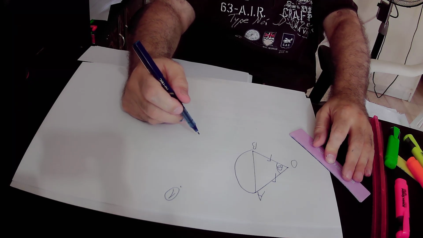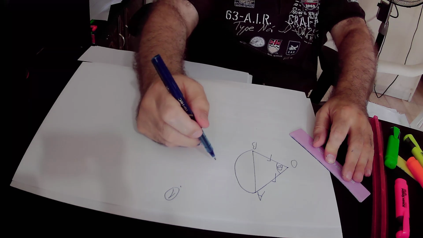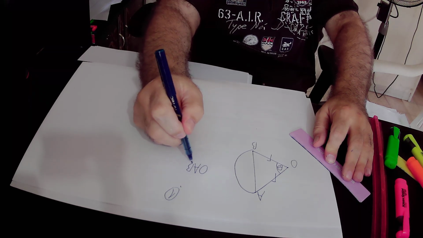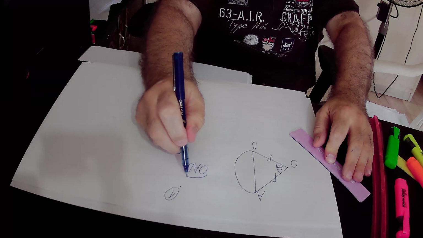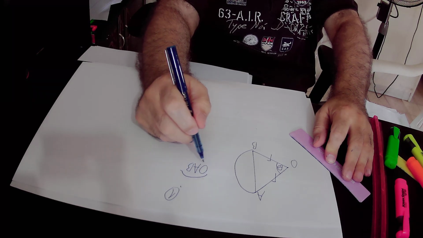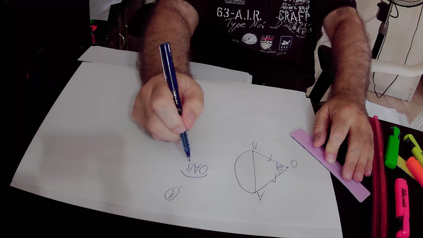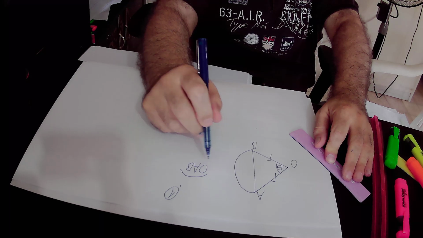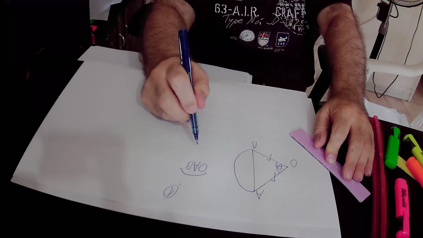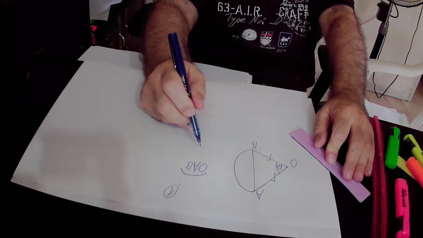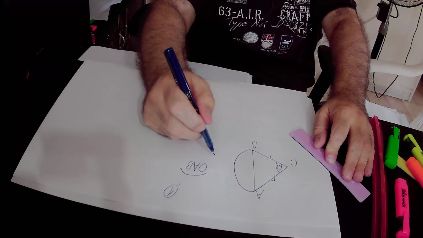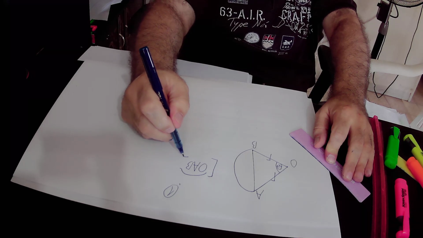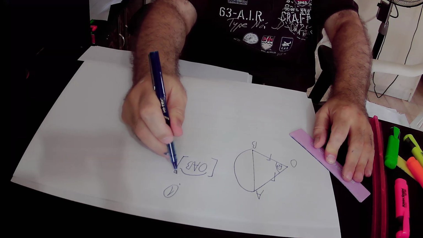What is the sign of a sector? The rounded sign above the letters OAB is the sign for sector OAB. This means sector OAB. And therefore, this is the sign for the area of sector OAB.